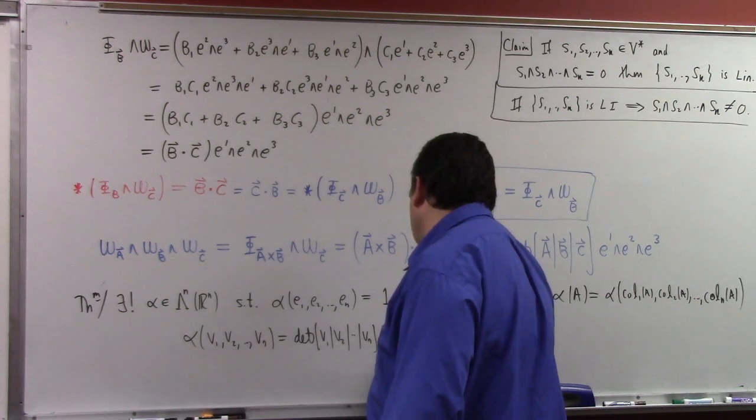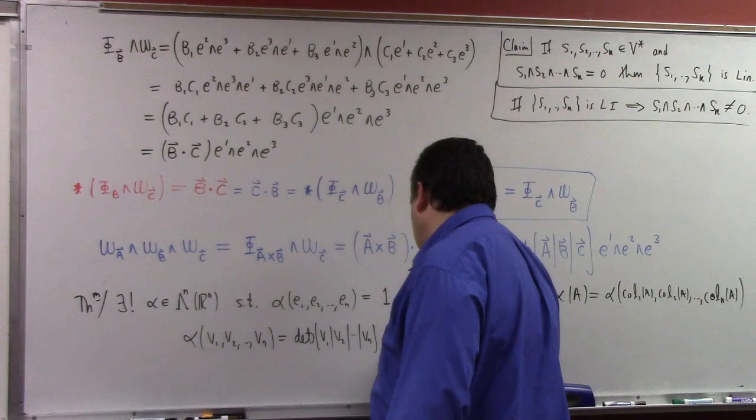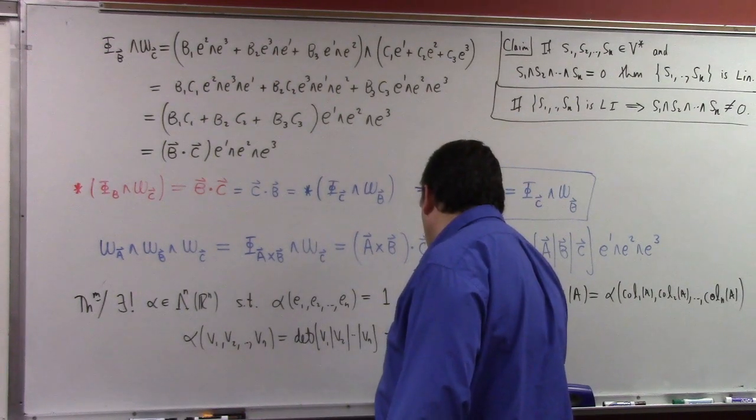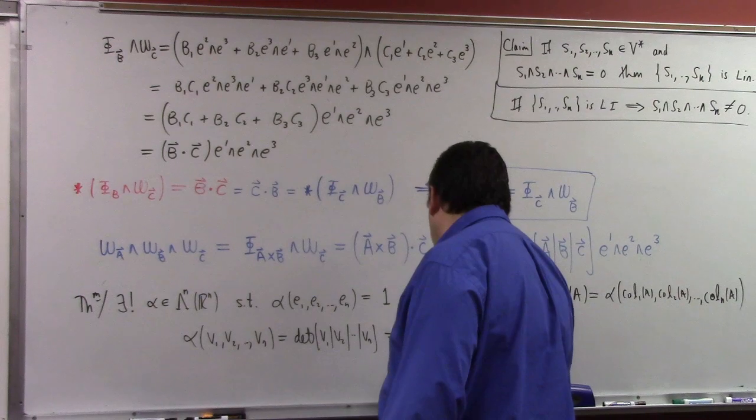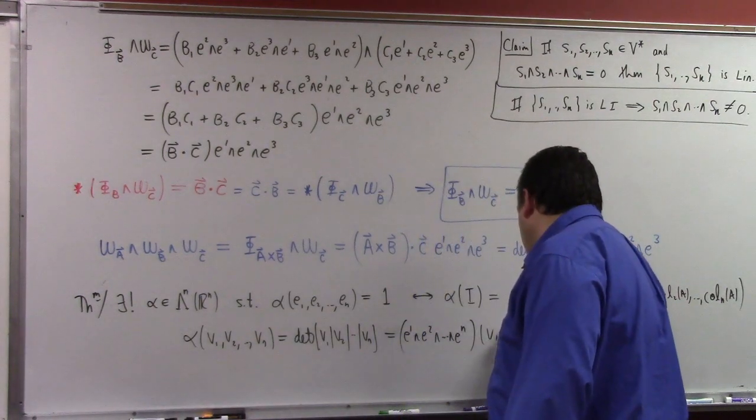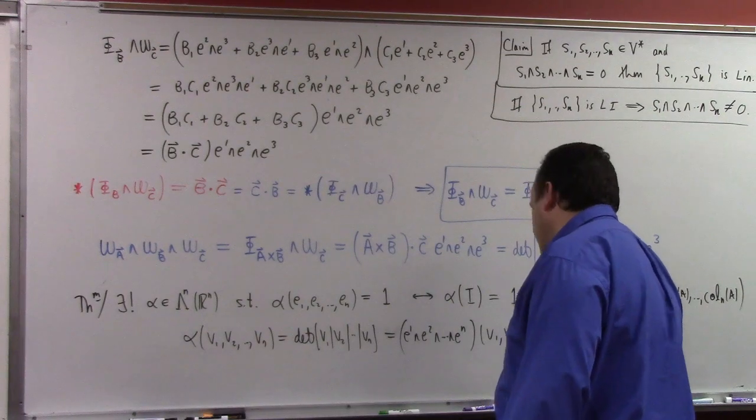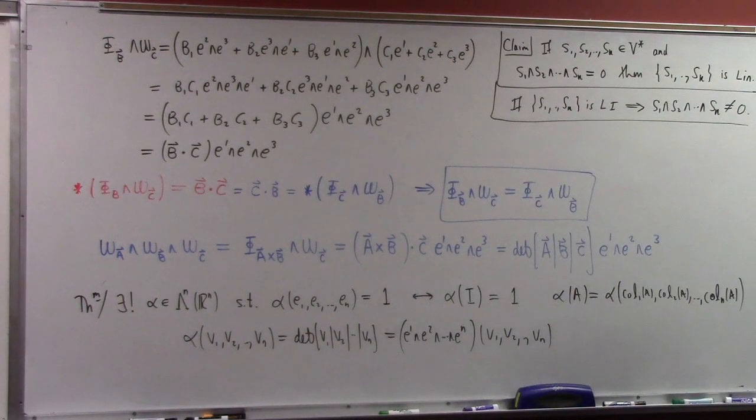Well, that is equal to that, but my point is that's also equal to E1 wedge E2 wedge and so on through En acting on V1, V2, and so on. That's what I'm trying to say. So with this correspondence in mind, the determinant, as an n-linear map, is the wedge product of E1 with E2 all the way out through En.